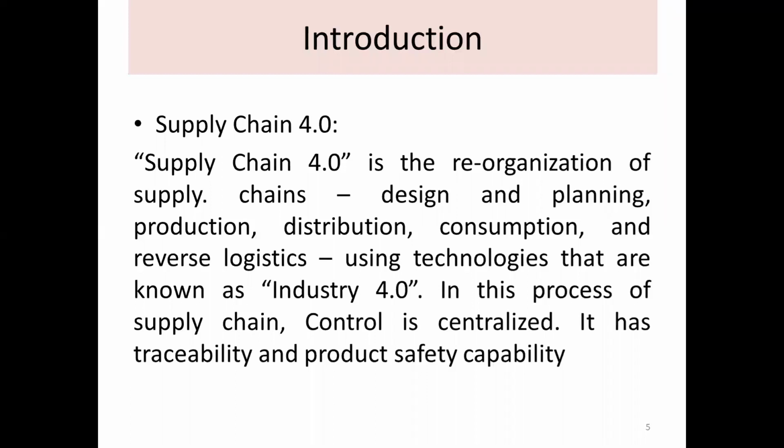Supply chain 4.0 is the reorganization of the supply chain by design and planning, production, distribution, consumption, and reverse logistics. Using these technologies, known as Industry 4.0, in this process of supply chain, control is centralized, it has traceability, and also product safety capability.